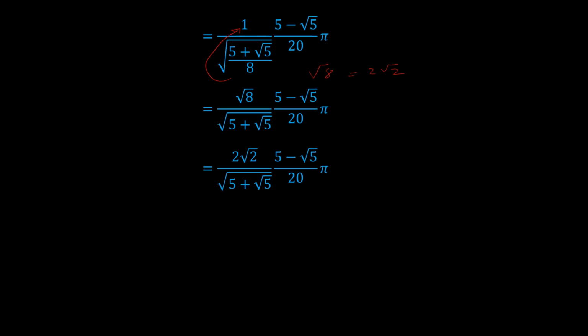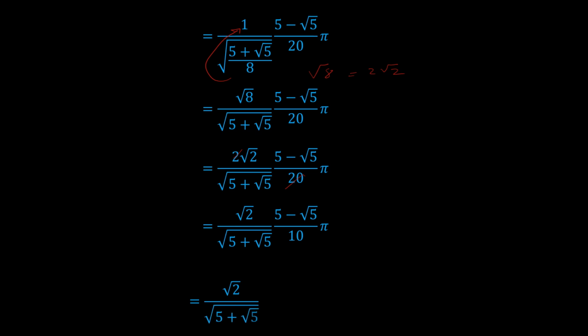Okay, so we can multiply the numerator and denominator with the same thing, and we choose to multiply with the square root of 5 plus root 5, right? But even before that, the 2 and the 20 divide, so we have 10.